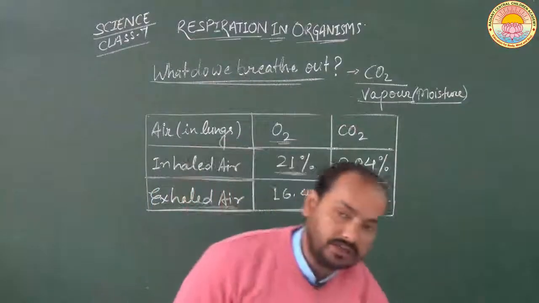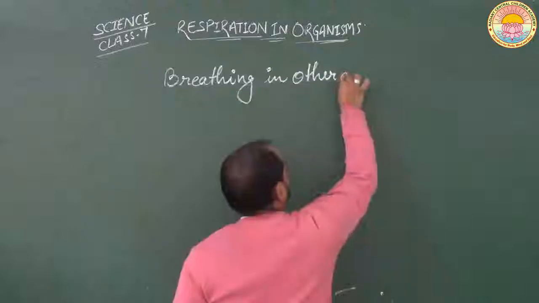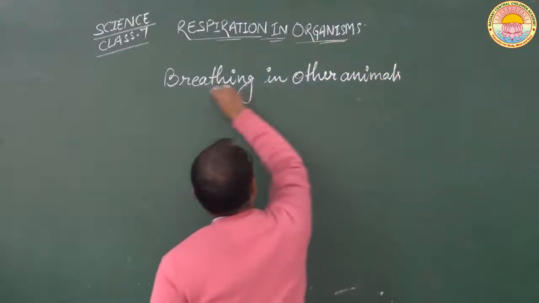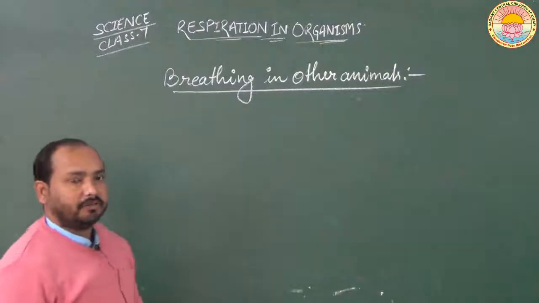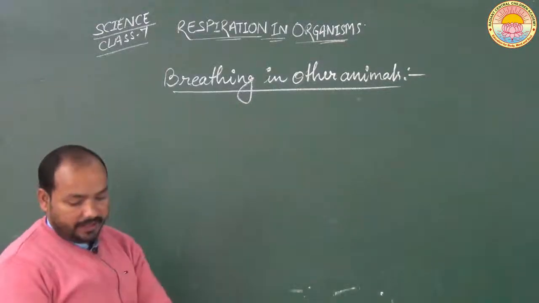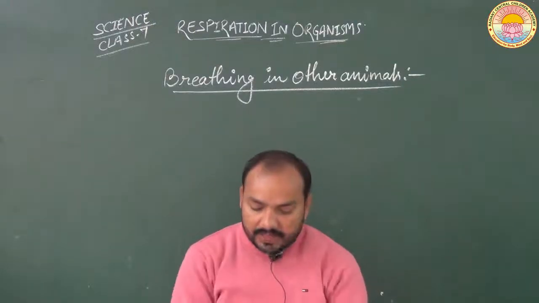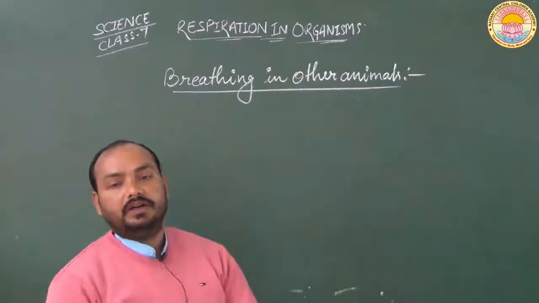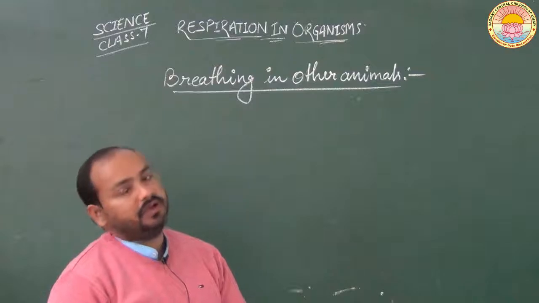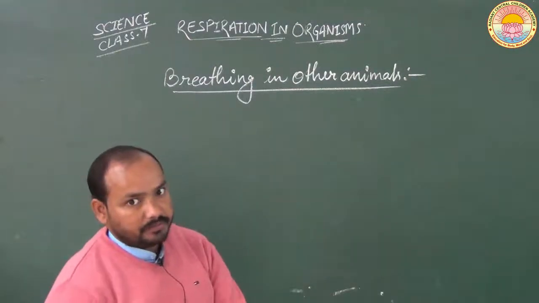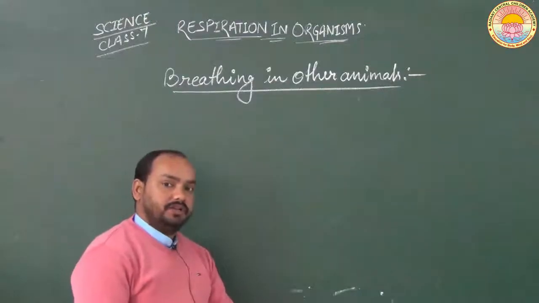Now let us come to the next topic. Our next topic is breathing in other animals. So students, as you know, different animals breathe through different body parts or organs, and there are mainly two types of animals, unicellular and multicellular.